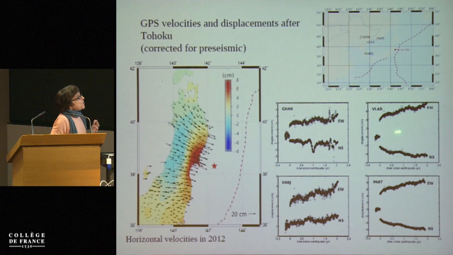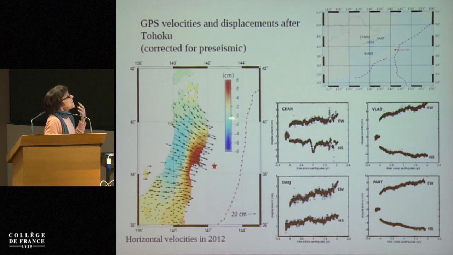What you see here for the far-field station is a GPS time series, with the co-seismic jump and then the velocities after, which are different from the velocity before. It is always corrected for the velocity before the earthquake.